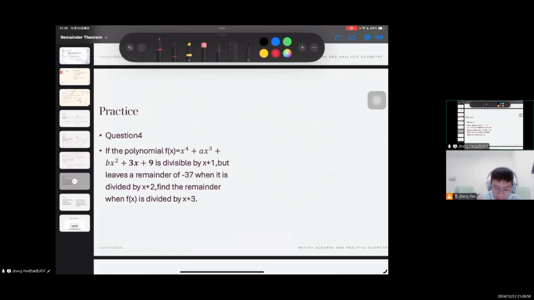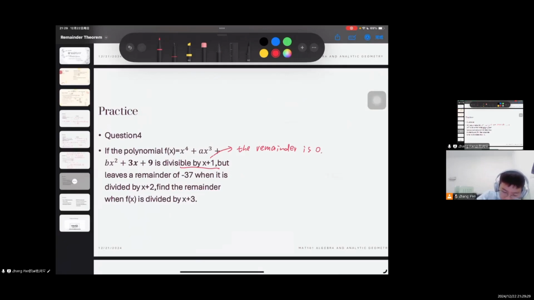In this case, f(x) equals x to the 4th plus ax cubed plus bx squared plus 3x plus 9 is divisible by x plus 1, so the remainder is 0 because it's a factor, but leaves a remainder of minus 33 when it is divided by x plus 2.